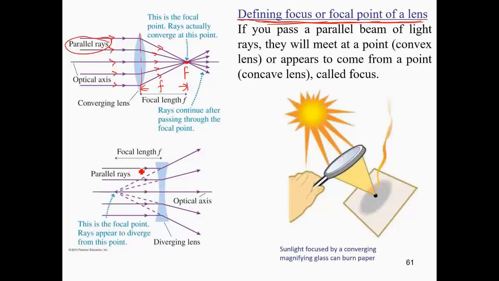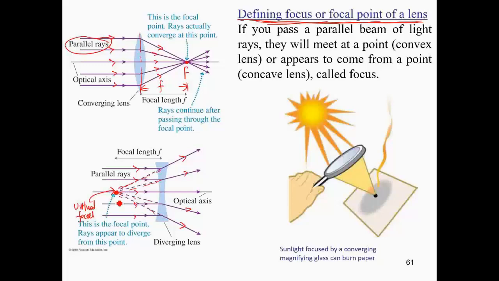So what's going to happen in a diverging lens or concave lens? You still pass a parallel beam of light rays, and they will diverge instead of converging. Then you will have to trace them backward, extrapolating them backward with dotted lines. This is where the focus will be virtual. You will have to say virtual focus in case of concave lens, diverging lens.